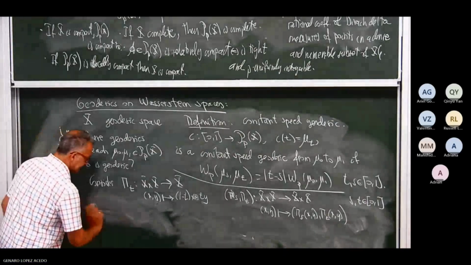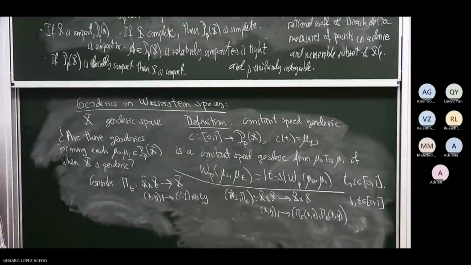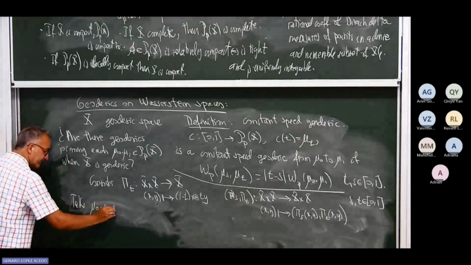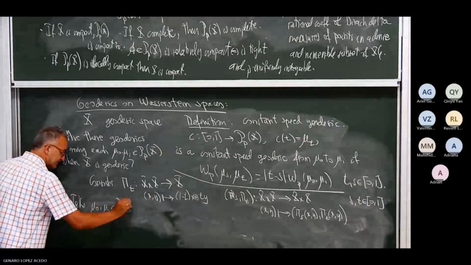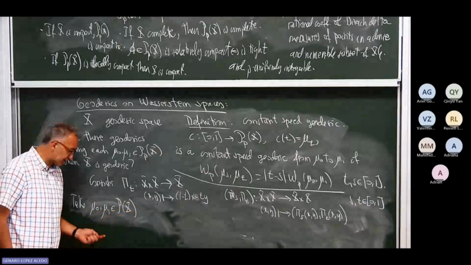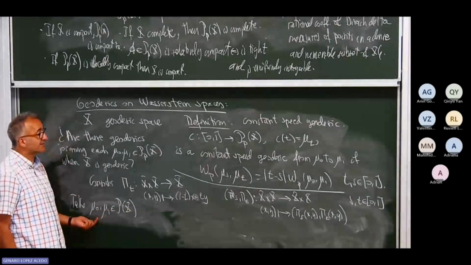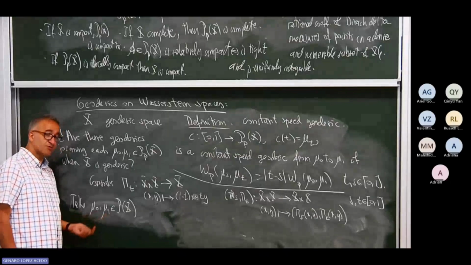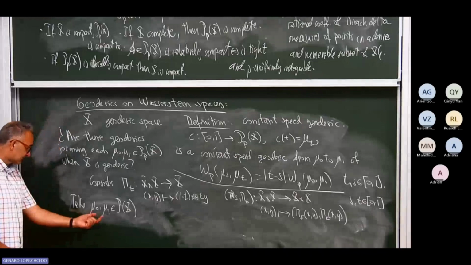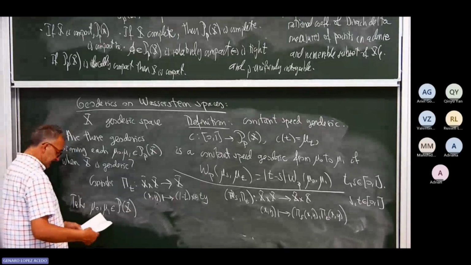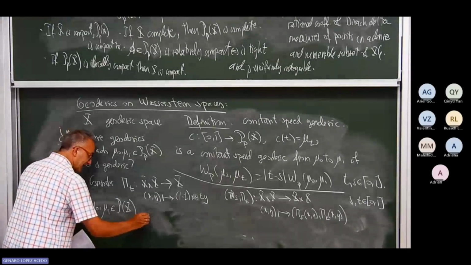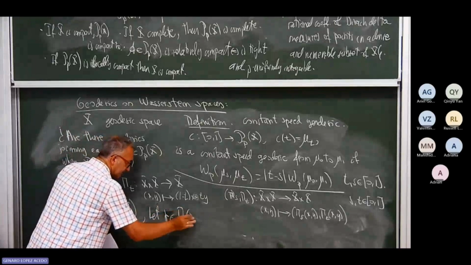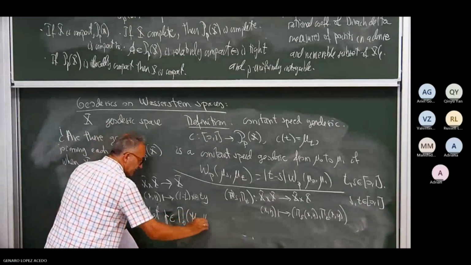So take mu0, mu1 in P of X, right? And what we're going to do is to build a constant speed geodesic segment from mu0 to mu1, right? So if we have these 2 probability measures, we know that there is an optimal plan. Let gamma be optimal for mu0, mu1.